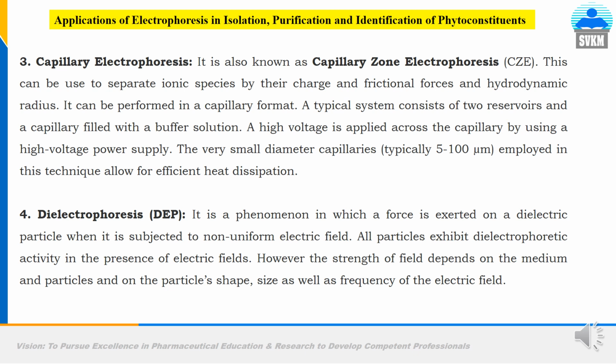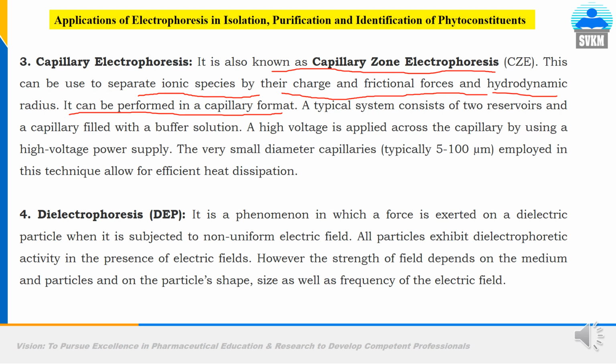Third one is capillary electrophoresis. As the name indicates, it is also known as capillary zone electrophoresis. It can be used to separate ionic species by their charge, frictional force and hydrodynamic radius. It is performed in capillary formats, so capillaries are mainly utilized as the stationary phase.